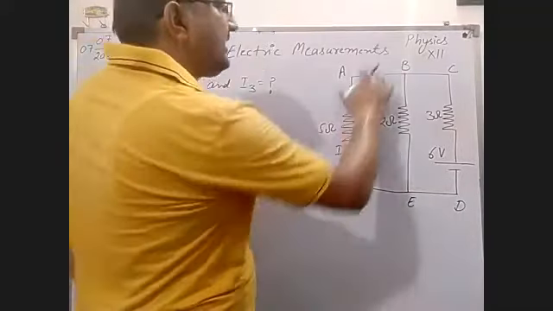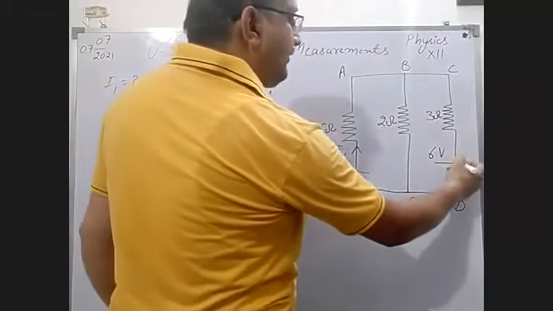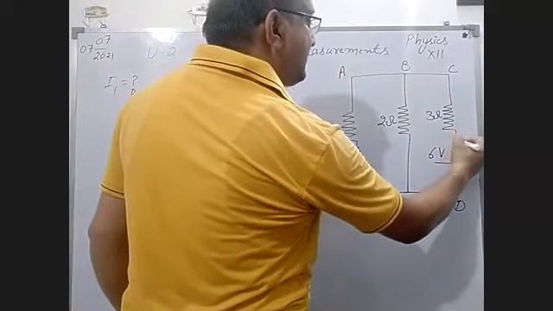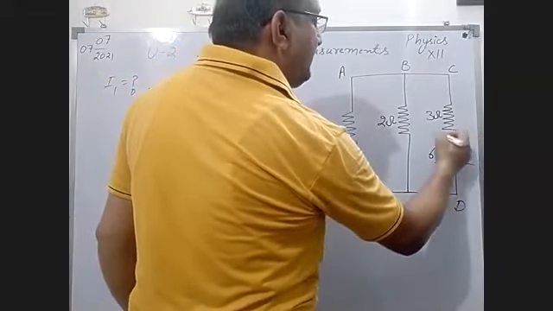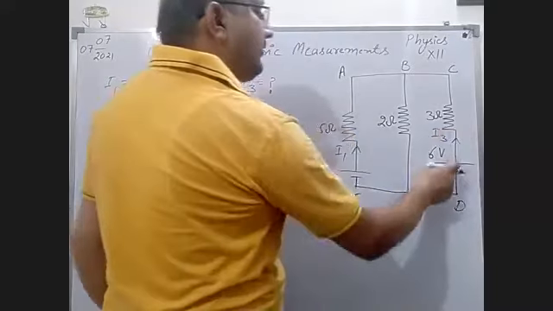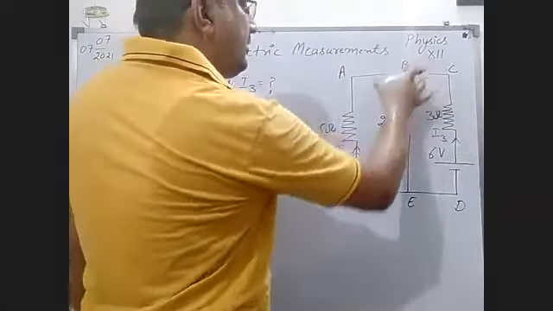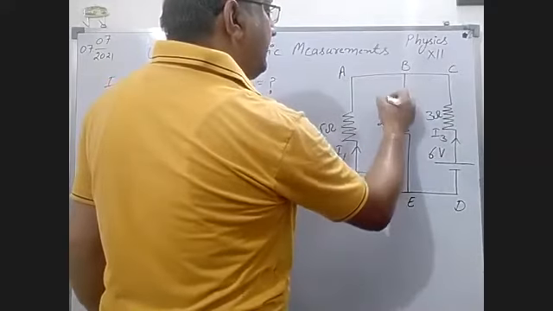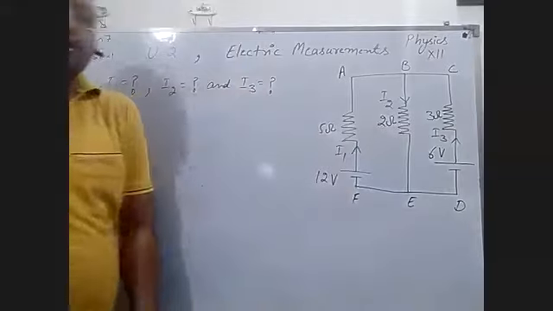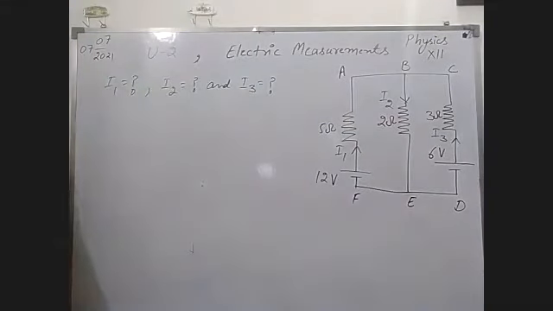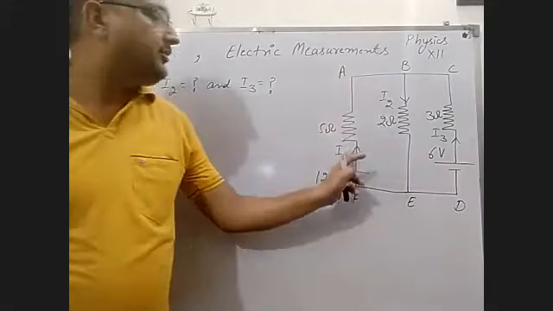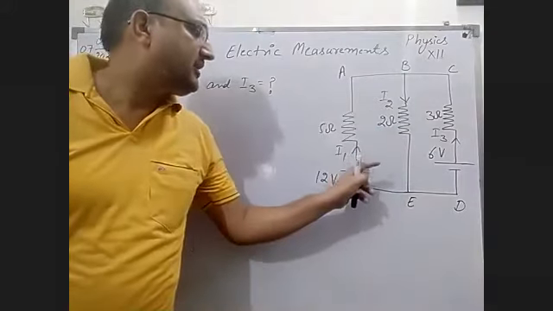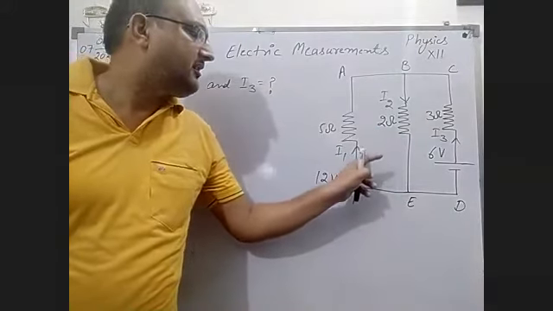After that, this current I1, and from there, suppose this is I3 because positive terminal, current I3 from this battery here. Now, both these currents meet, and this will be I2. I2 direction you have to take from B to E. From the positive terminal current runs.